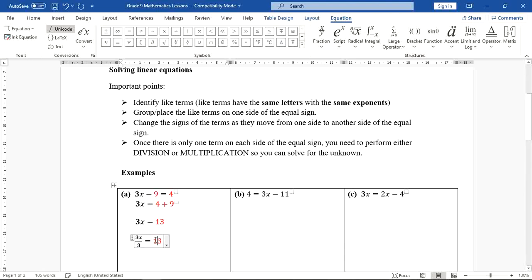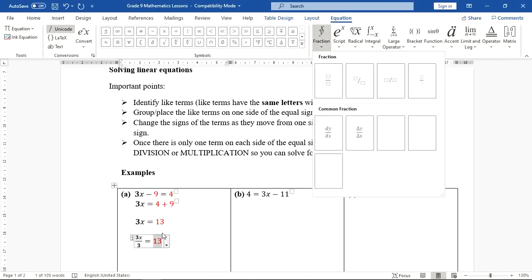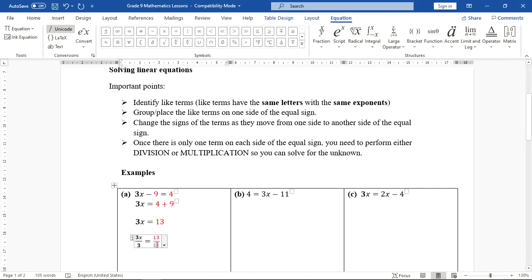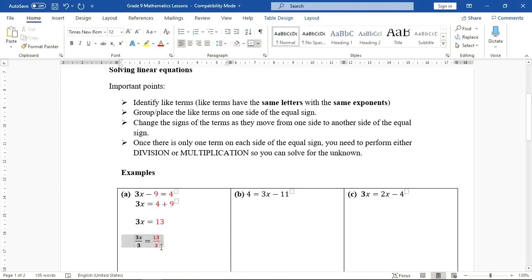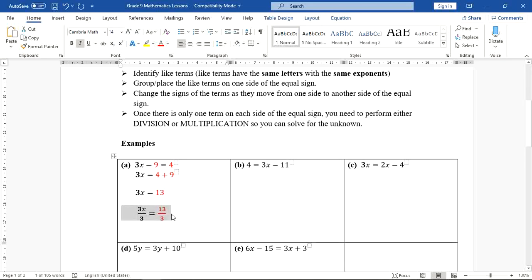Whatever we do on the left, we should also do on the right. So we divide this side by 3 also. This 3 will cancel with the denominator, and in the end we're only going to have x all alone, because that is what we want.